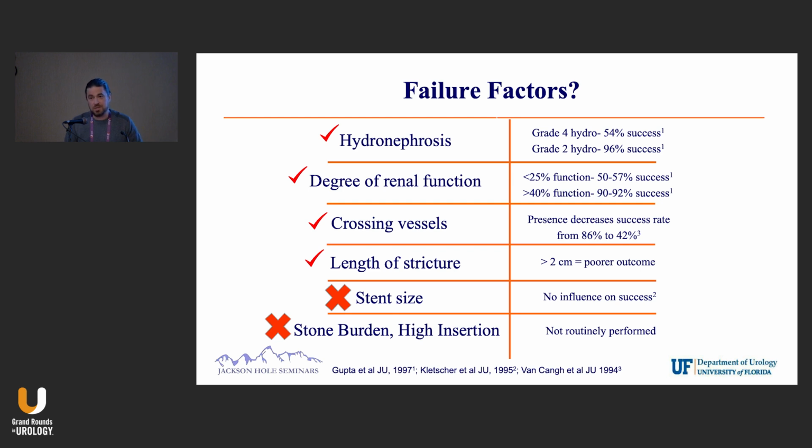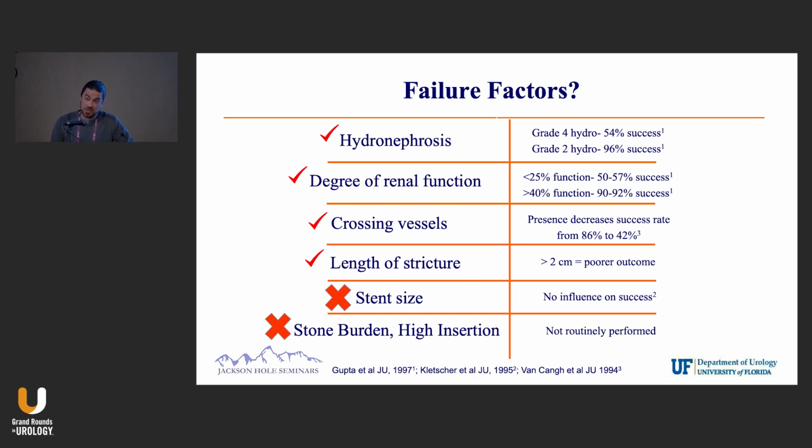So hydronephrosis, worse hydronephrosis led to higher failure rates. Less renal function also led to higher failure rates. Crossing vessels, in the few studies that did report it, had worse outcomes. And length of stricture, it's about 2 centimeters. So anything more than 2 centimeters is really where you draw the line.